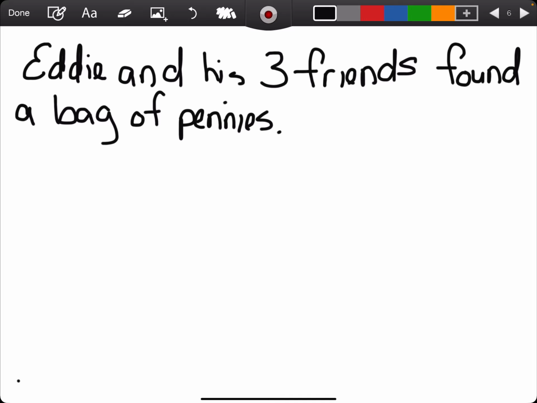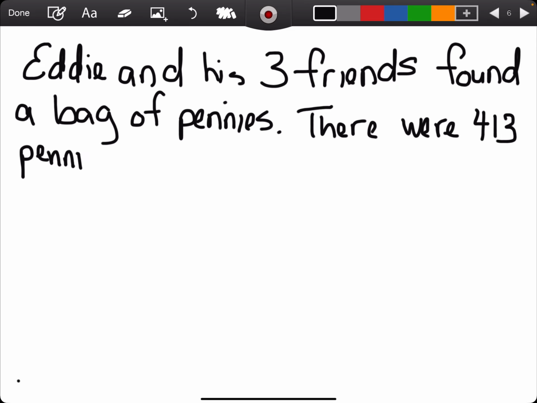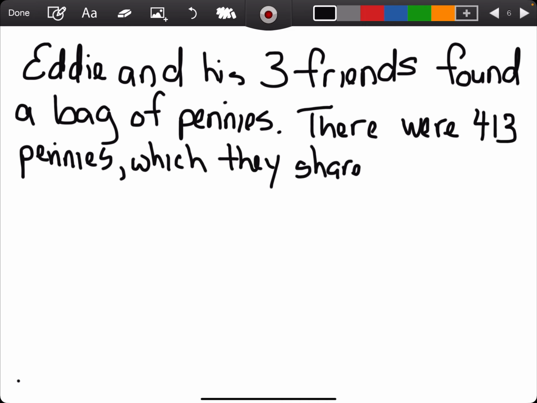There were, let's say, 413 pennies, which they shared equally. Now, once you see the words shared equally, that should be a big clue that you are dividing.